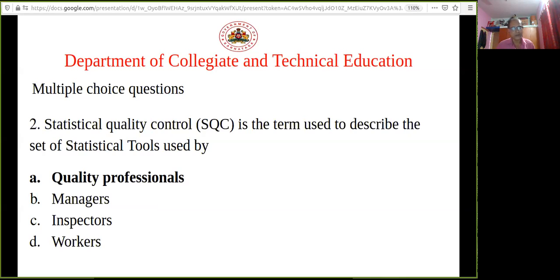When you take option C, inspectors, inspectors are of different kinds. If the inspector had been specified as a quality control inspector, then that option would have become the right answer. But these are the tools used only by quality professionals, not by the manager, the inspector, or the worker. So the right answer for question number 2 is quality professionals.